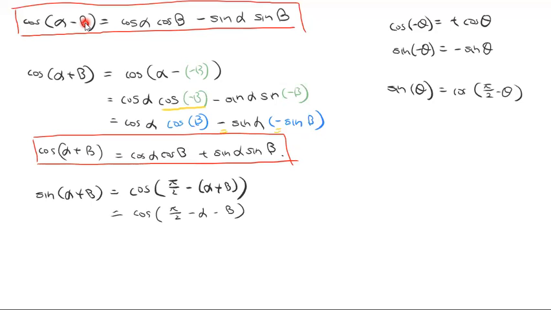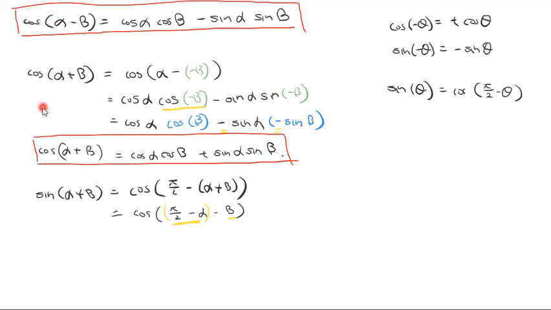But that now means I can group the first two together. I can group pi over 2 minus alpha as a bracket. And so if I think of this as one angle, and this is another angle, I can now use this formula up here, the top one, where alpha is this angle and beta is this angle.